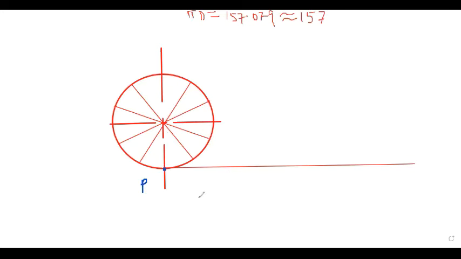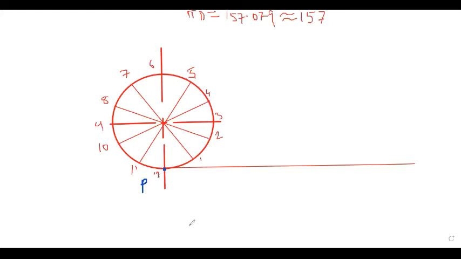And give the names in this way. So this is 1, this is 2, this is 3, this is 4, this is 5, this is 6, this is 7, 8, 9, 10, 11, and 12 will be the P point.